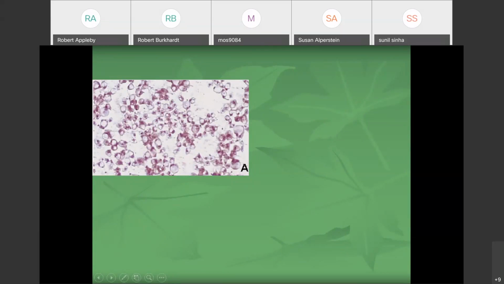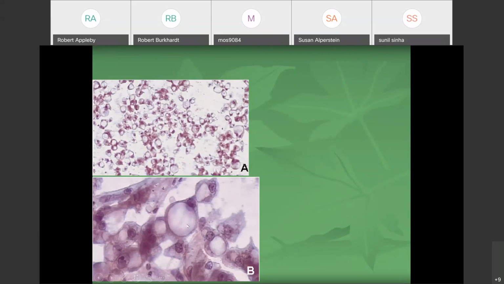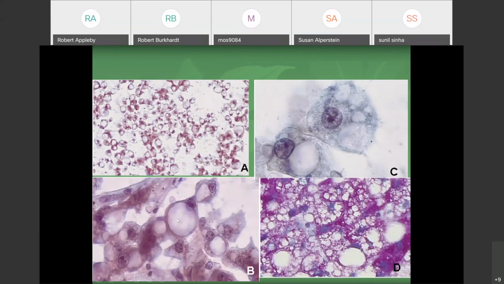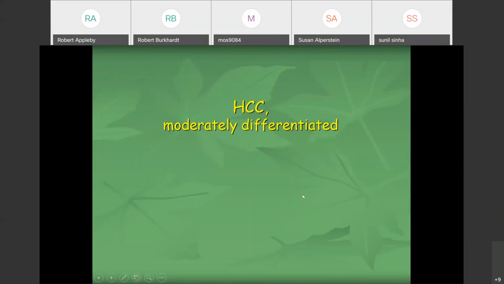And another type has a lot of fat droplets. Actually, it's not fat, it's glycogen. So it's hepatocellular carcinoma, steatotic, clear cell. It's very rare, only one case found at NYU. And moderately differentiated HCC is the easiest to diagnose.